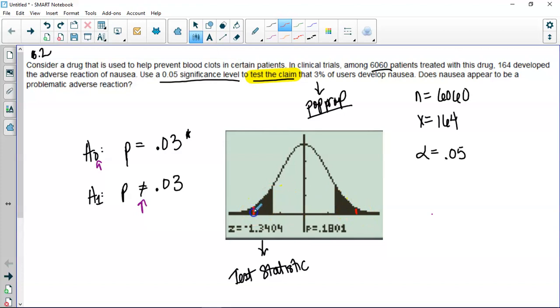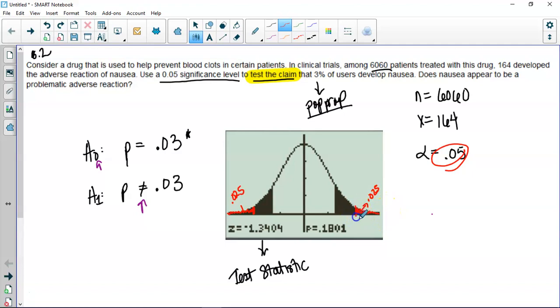Now this is a two-tailed test where half of the error is on the left and half of that is on the right. If you threw a dart at the board, would the test stat land in this little red zone?